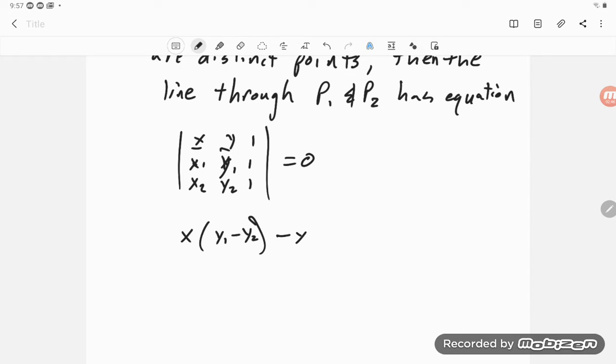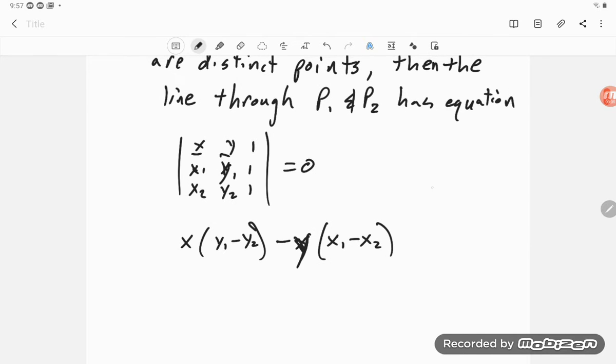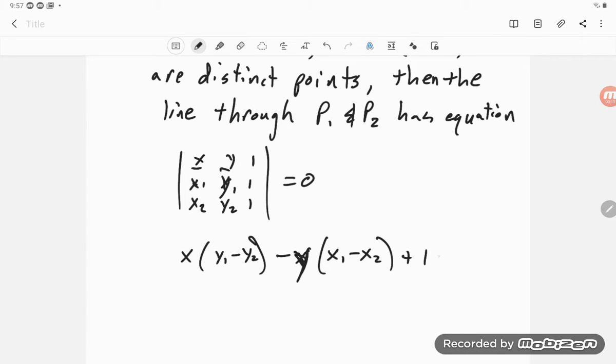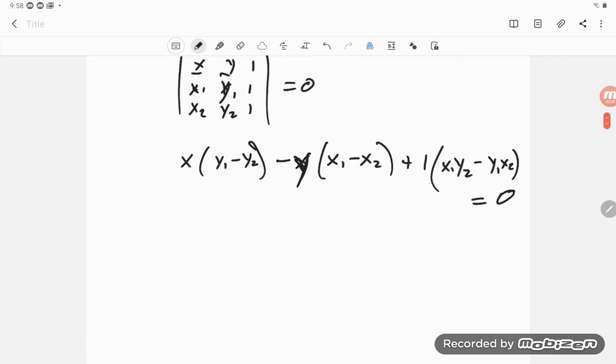And then minus y times that minor, and so I've got an x1 minus x2 there, and then plus 1 times, and I have what, x1 y2 minus y1 x2, and that all equals 0.